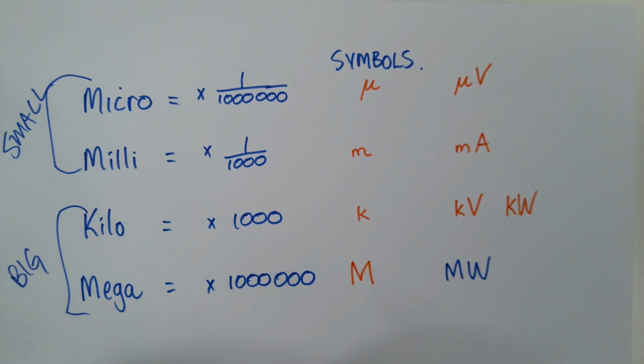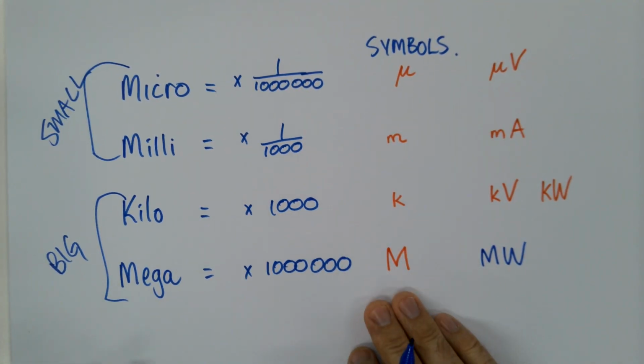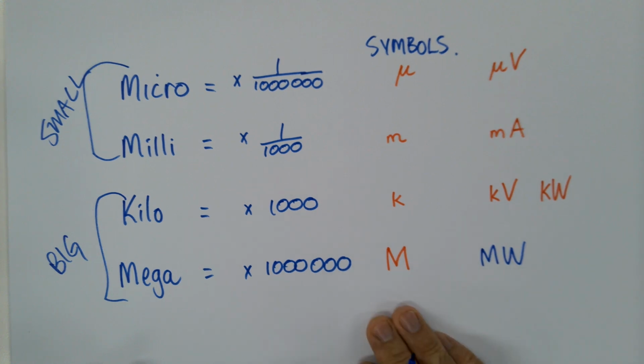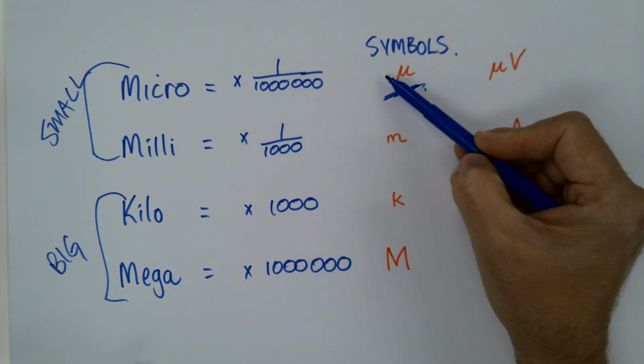So you've got to know what these mean. You need to commit this to memory. If they say kilo, you need to know in your head, oh yep, that's times 1,000. If they say micro, you've got to know that that is divided by 1,000,000. In fact, if you see that symbol, you've got to equate that with that.